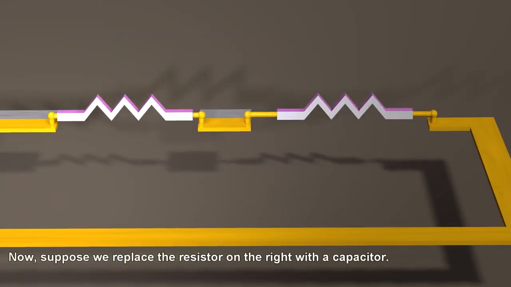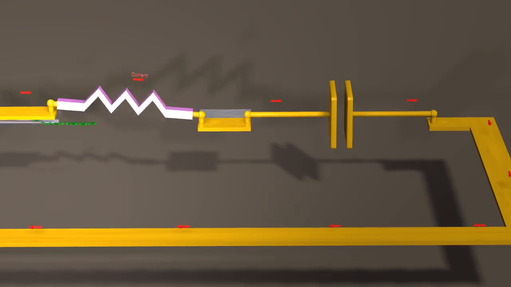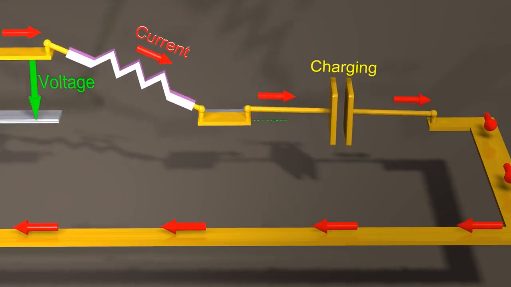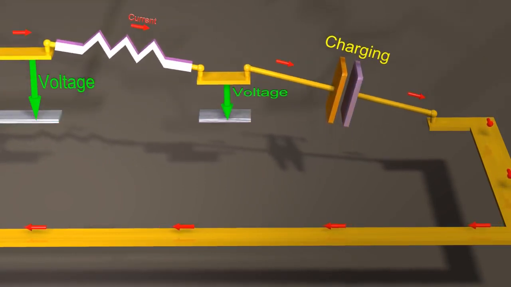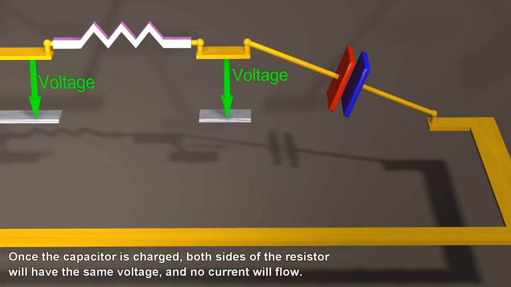Now, suppose we replace the resistor on the right with a capacitor. Once the capacitor is charged, both sides of the resistor will have the same voltage, and no current will flow.